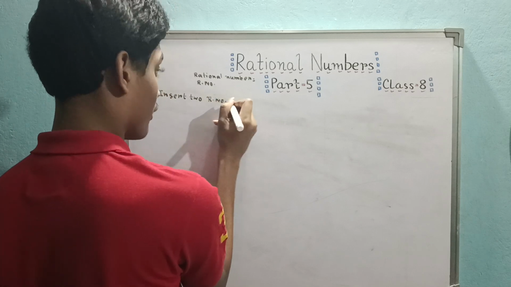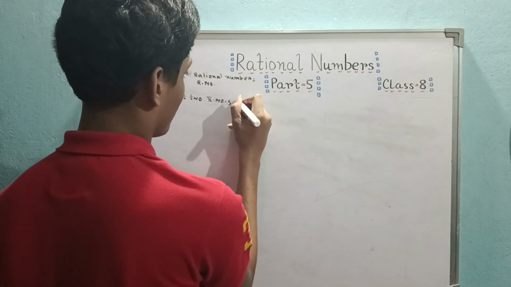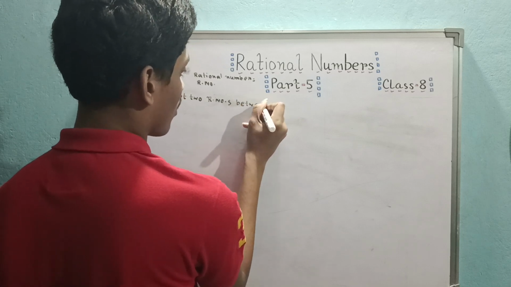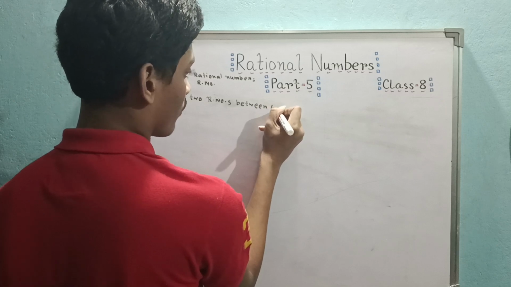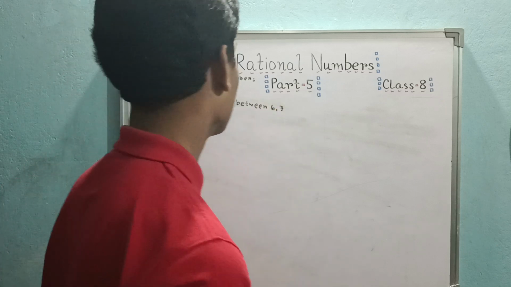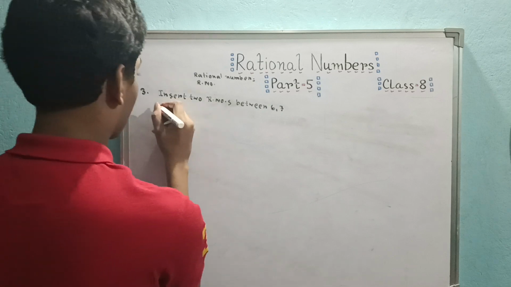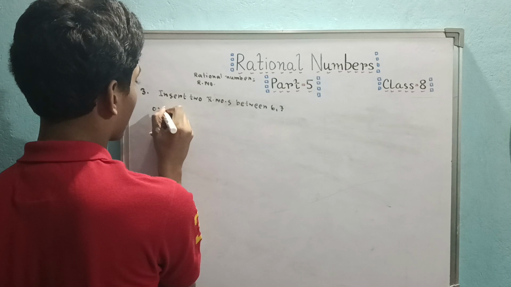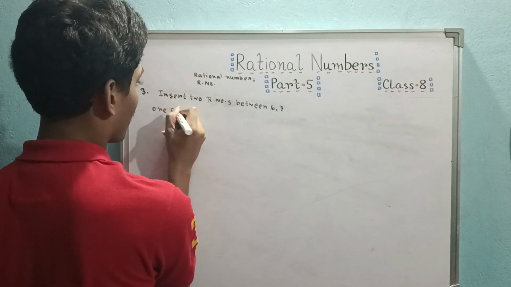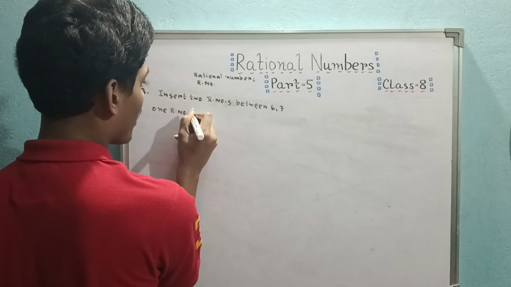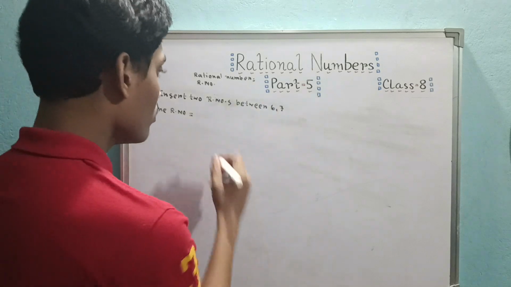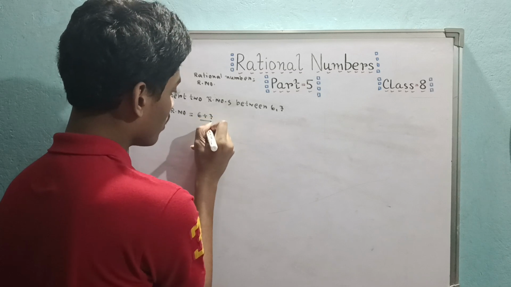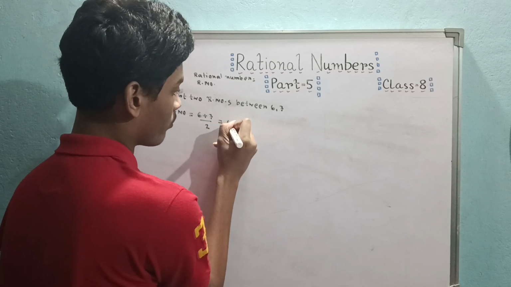Two rational numbers between 6 comma 7. Now see, one R number. Already we know one R number can be A plus B by 2. So equal to 6 plus 7 by 2. 13 by 2, it is 6.5.